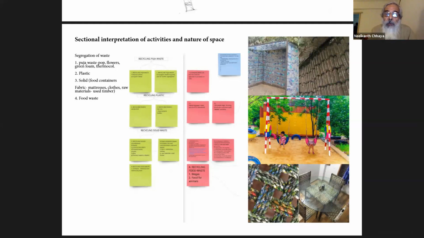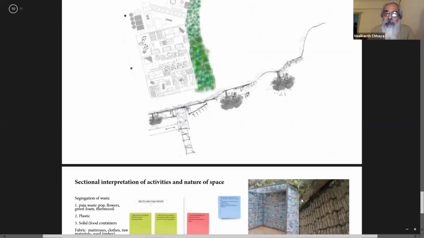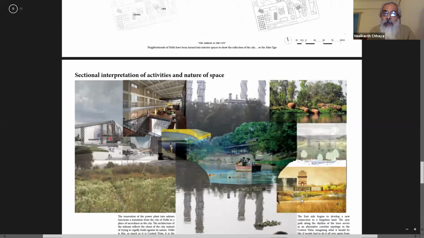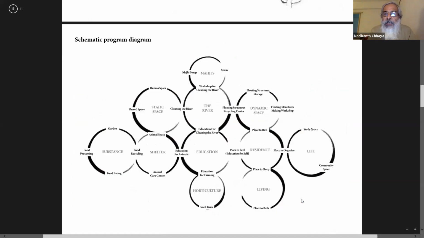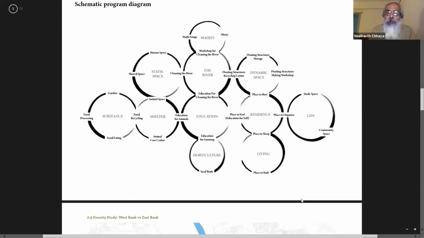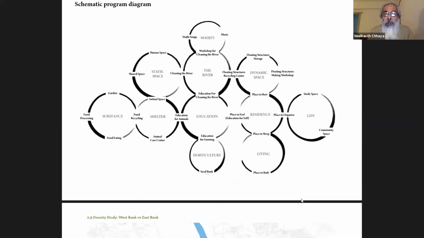So the group size should not become a size which is like a cult. If you have 5,000 people sitting, then it's a cult.